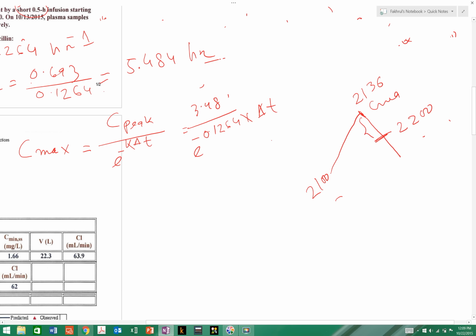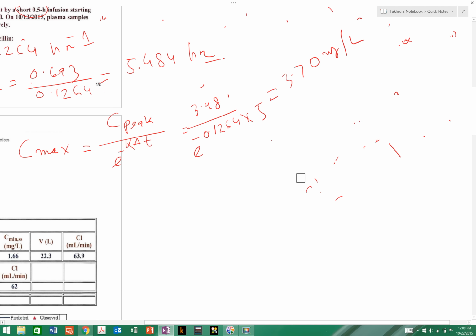So this would be your delta t, which is 0.5, and this should give you something like 3.70 milligram per liter.